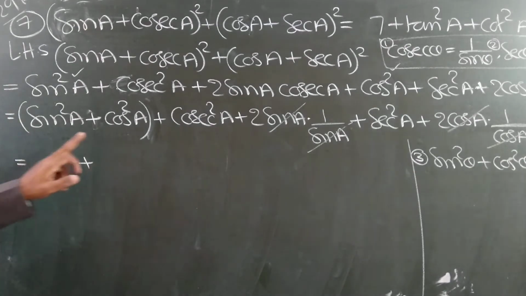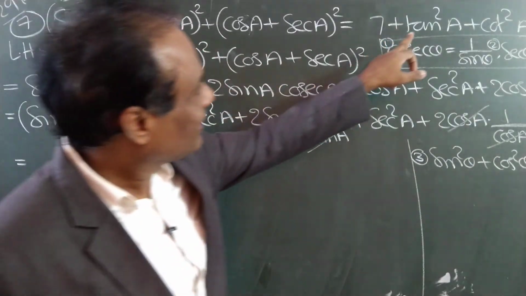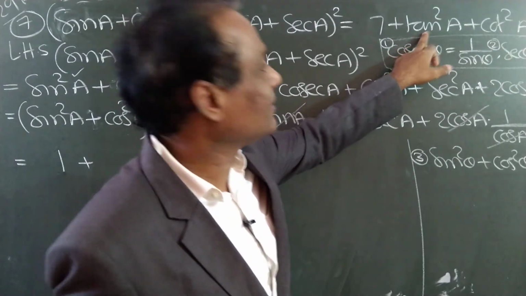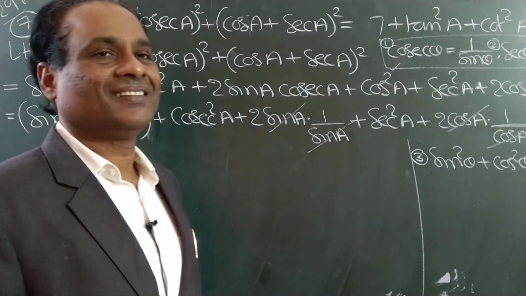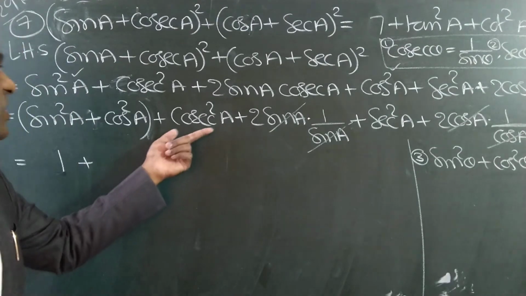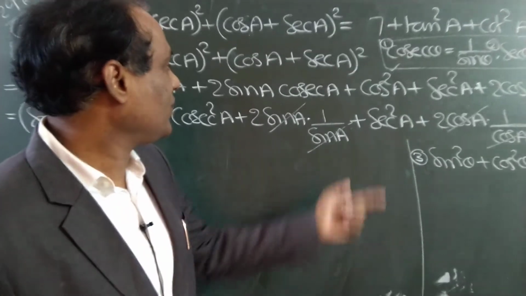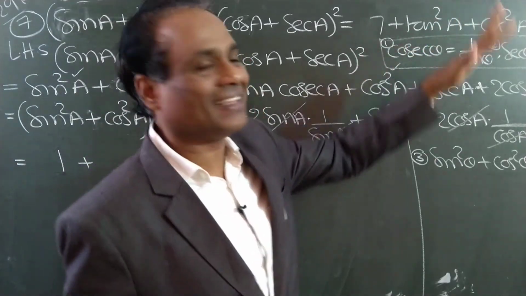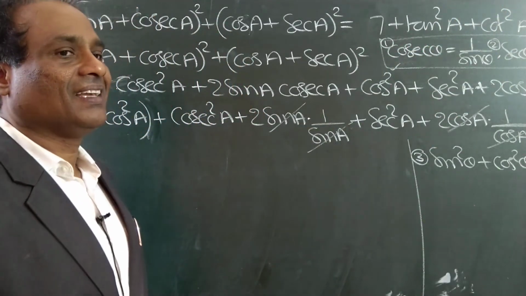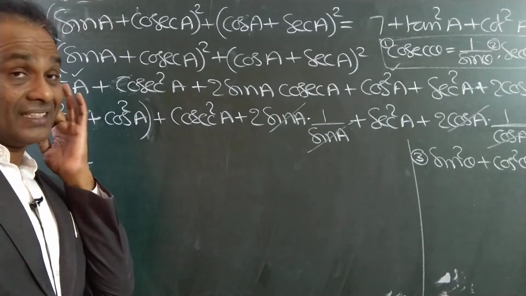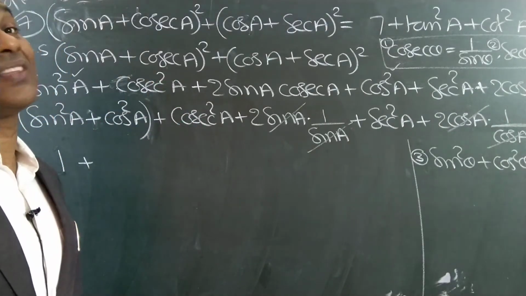Now, see the right side. There is a tan and there is a cot. But we don't have tan here. We have cosecant, but there is no cosecant on the right. We have secant, but there is no secant there. Use the second and third identities.